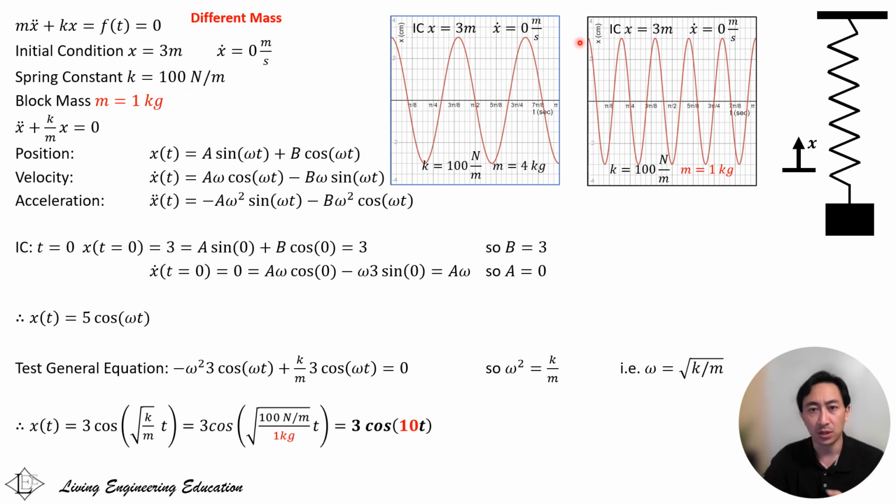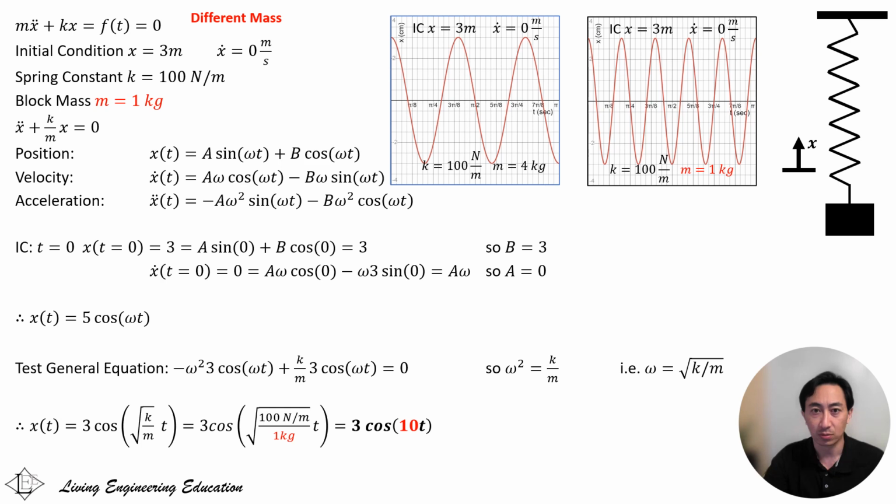Our amplitude did not change, our initial starting point did not change, but the frequency and the period response changed. How did it change? By changing the mass. I can do the same thing by changing the spring constant. So it's important to know what physical properties that we can change and how you expect your final solution to change.